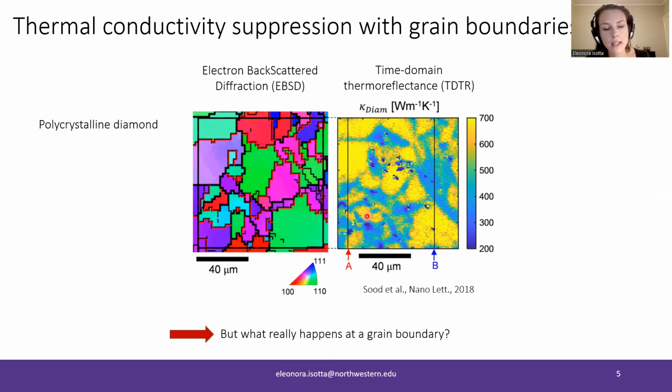As I said, this study was made with polycrystalline diamond and is pretty unique in the literature. And diamond, with a bulk thermal conductivity of 1000 watt per meter Kelvin, is pretty different from a regular thermoelectric material, which usually has a much lower thermal conductivity.